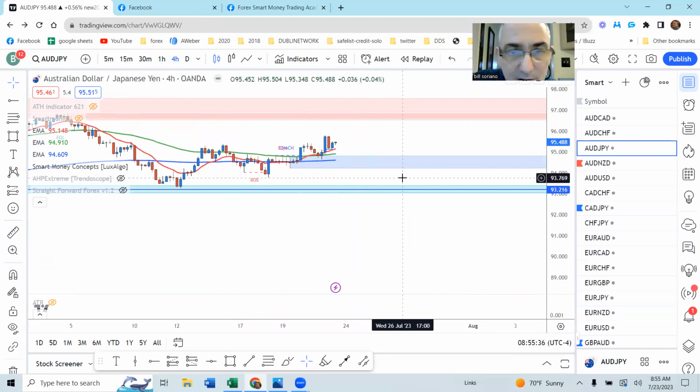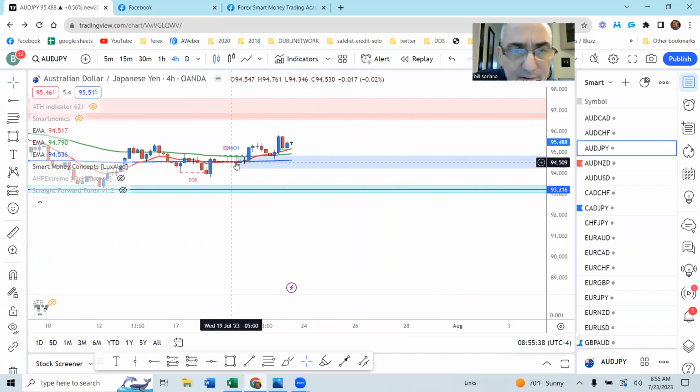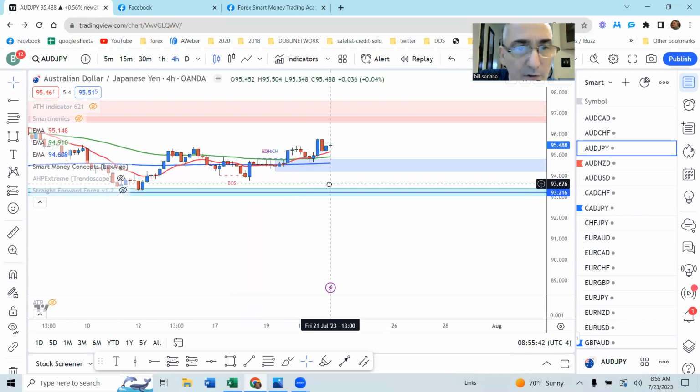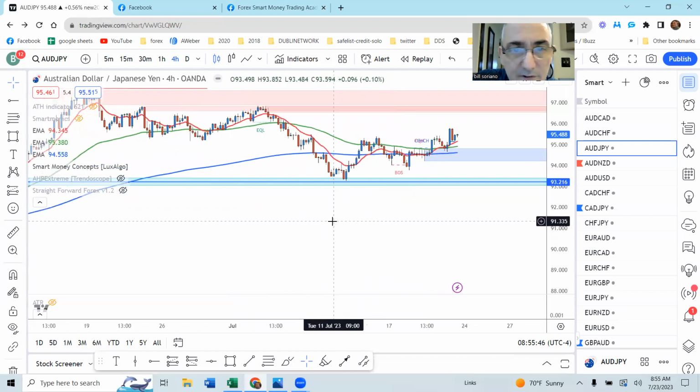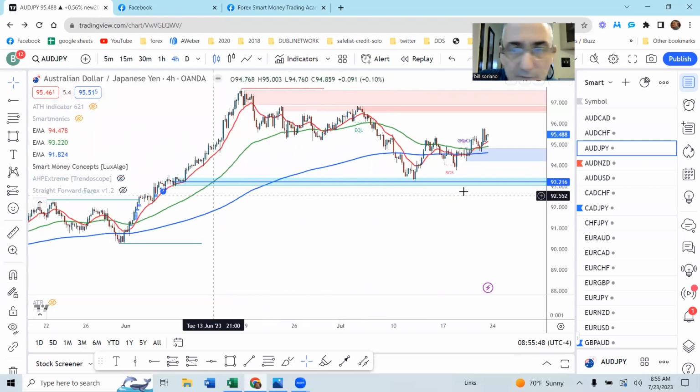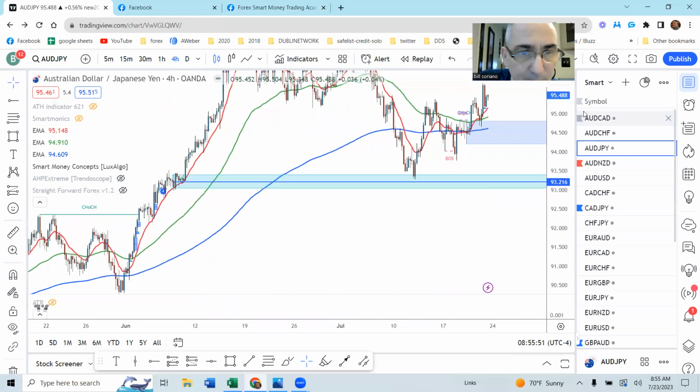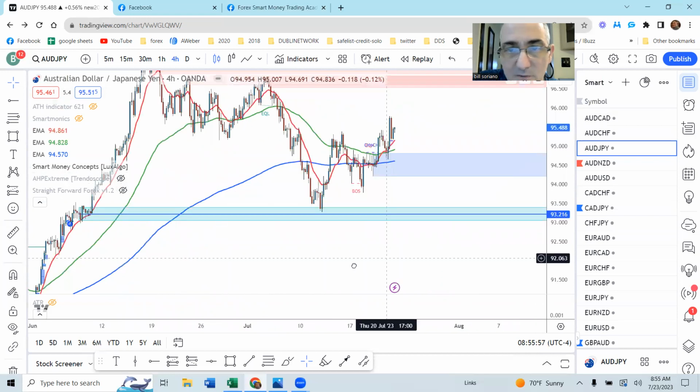Okay, again, I don't really like the candles here inside of this order block. So what we could do is, and it's actually giving us another order block here further over, which is much better. Okay, and that's the one we have marked up from last week. So we're going to stick with this order block from last week.